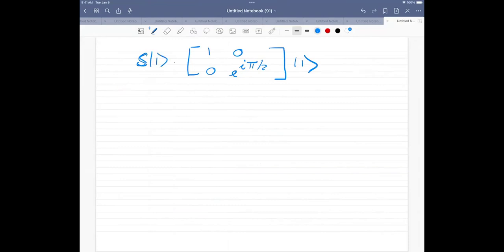S acting on 1 is given by that. So the thing which is interesting here, and why I could actually have let the S operation act on the first qubit, is simply because the state 1 is actually an eigenstate of this matrix S. And you see that this one just becomes equal to the state e to the i pi divided by 2 multiplied with 1.